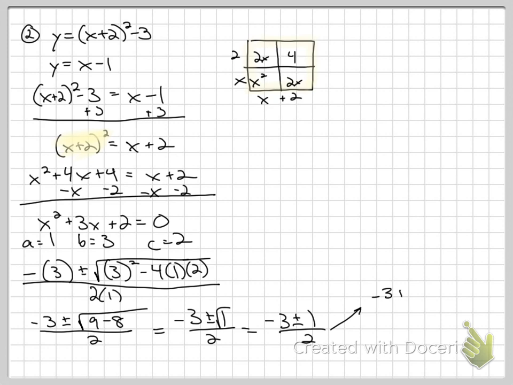So negative 3 plus 1 over 2, negative 3 minus 1 over 2. This is negative 2 over 2. This is negative 1. If I'm going too fast, pause it. This is negative 4 over 2, which is negative 2. I know x equals negative 1 and x equals negative 2 are my answers. Pause it.